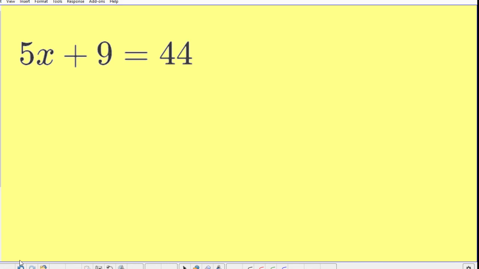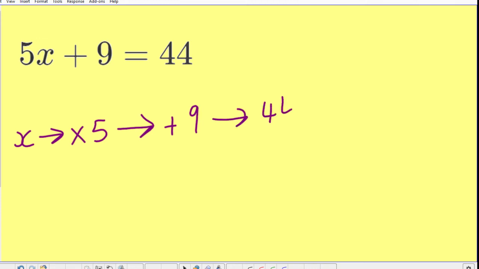So here we have 5x plus 9 gives us 44. Again, x, arrow, multiplied by 5, plus 9 is 44. Right, coming backwards. 44.